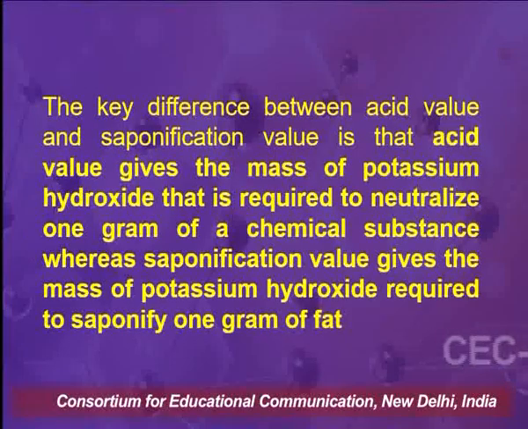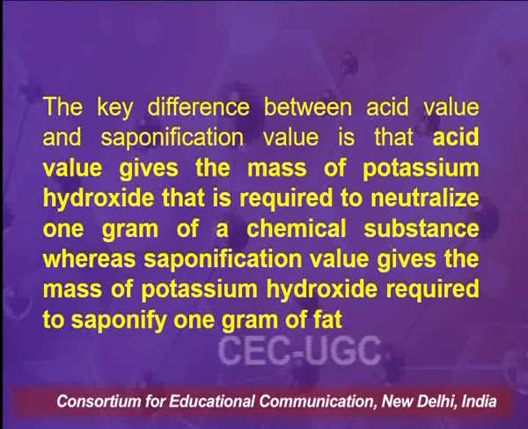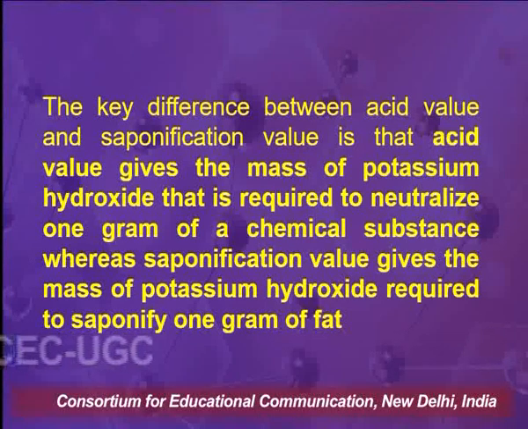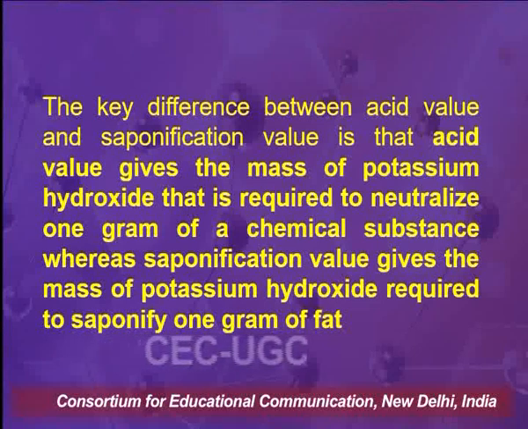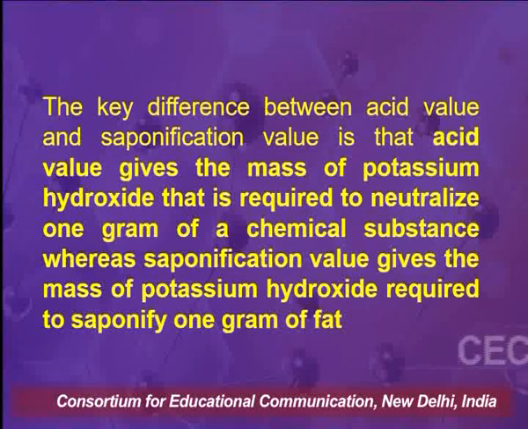The key difference between the acid value and saponification value is that acid value gives the mass of potassium hydroxide that is required to neutralize 1 gram of the chemical substance, whereas saponification value gives the mass of potassium hydroxide required to saponify 1 gram of fat.